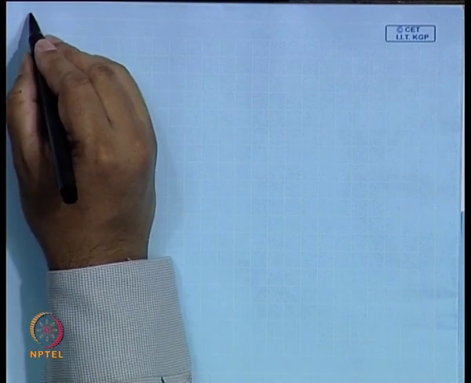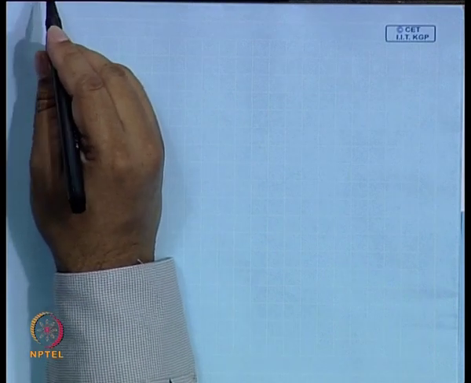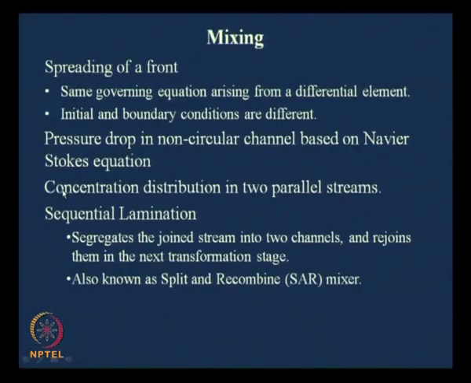Now, the next topic that I would like to pick up is what I have here in this PowerPoint slide: concentration distribution in two parallel streams.